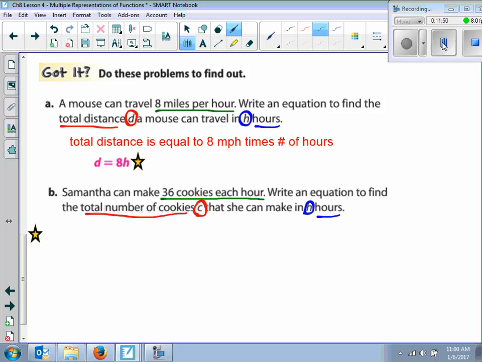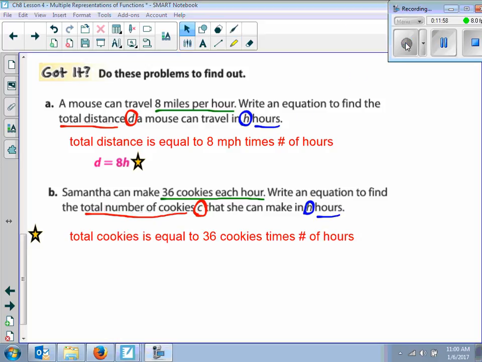Total number of cookies is equal to 36 cookies times the number of hours. Very good. Let's type that out. So we've got total cookies is equal to 36 cookies times the number of hours. So what is our equation going to be? Equals 36. Very good. C equals 36 times H.